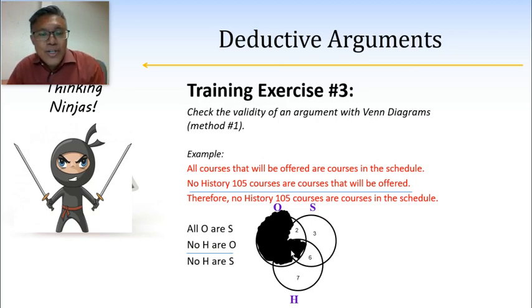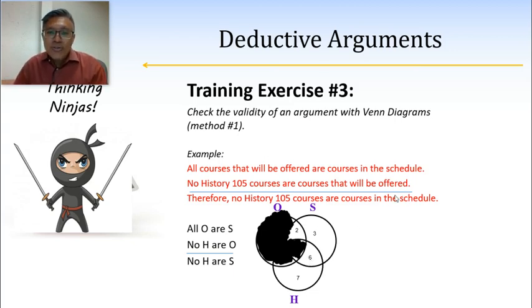Now we take a look at the conclusion and we see if the conclusion matches what we just drew. The conclusion is no H's are S's. You take a look at the H's. Does the drawing say that none of the H's are S's? Well, no, the drawing doesn't say that, right? Because if it were to say that, then 6 would be gone too. 6 would have to be X'd out.